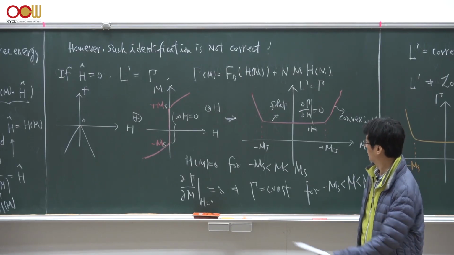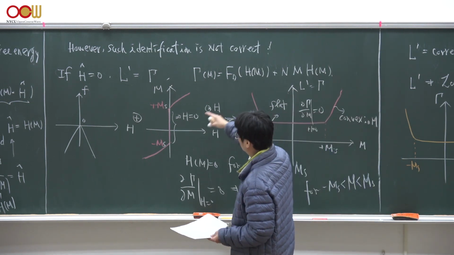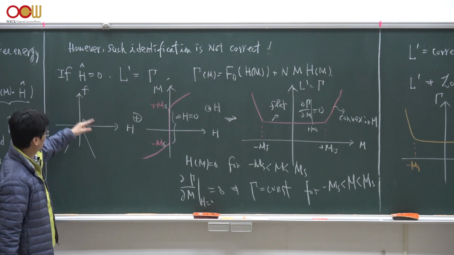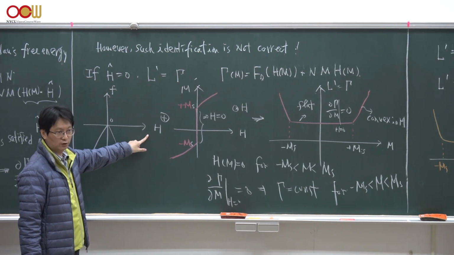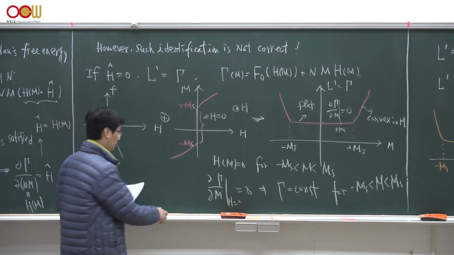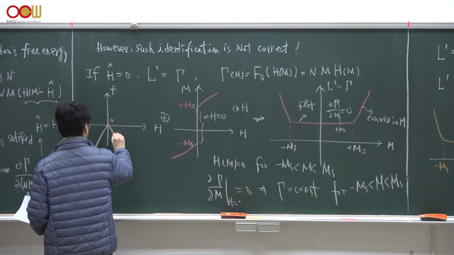So how come? Well, you can simply use the plot that we had before, which is the free energy as a function of the external magnetic field for the Ising system, where you can find a cusp in the thermodynamic limit, which we already showed.